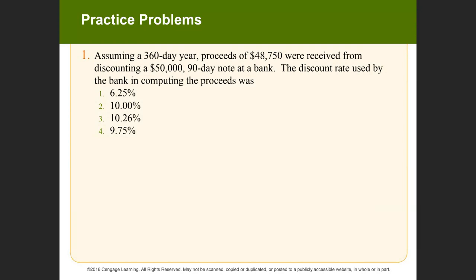First, we want to figure out what was the amount of the discount. So how would we figure out the amount of the discount? We would take the 48,000 from the 50. Yep. So the 50,000 minus the 48,000 is going to give us the amount of the discount. And then we'll just divide that into the total of that 50,000, right? And that should give you the percentage.